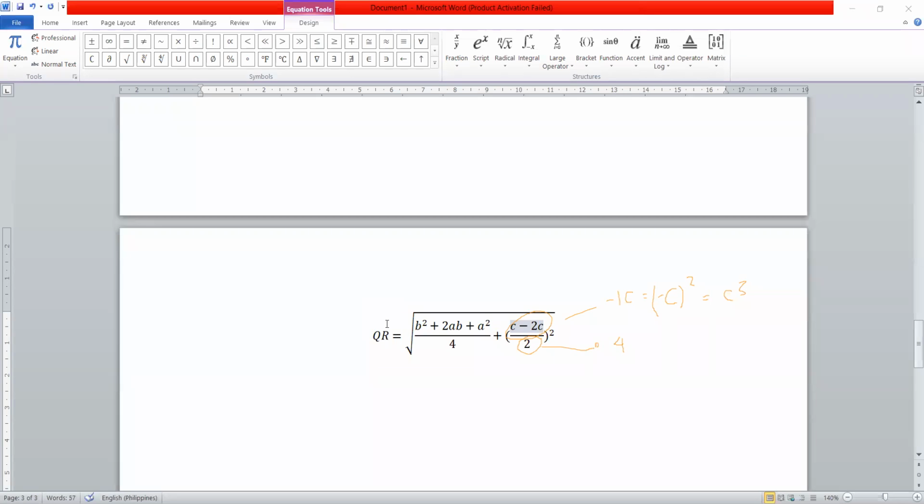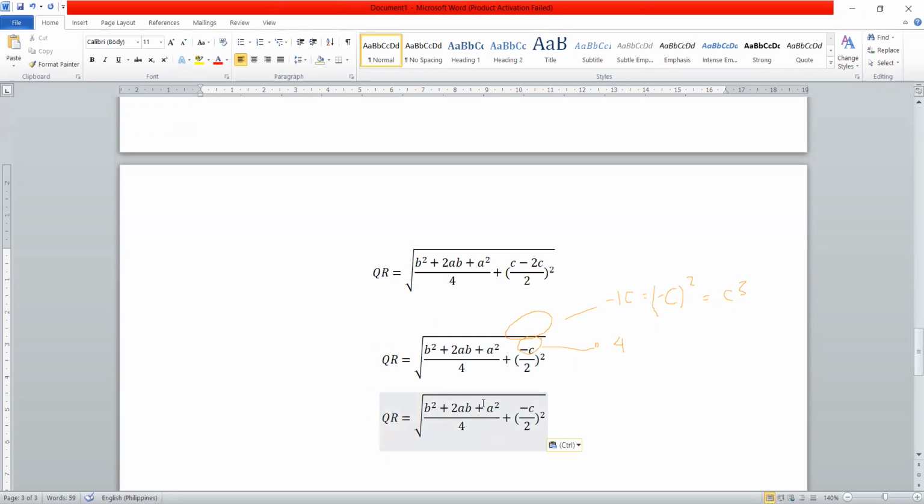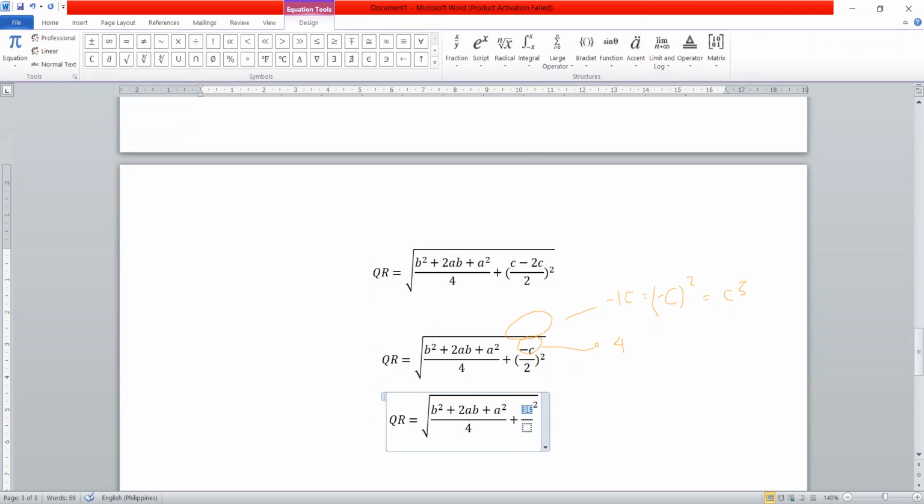So that will become negative c over 2, and then we'll have there c squared over 4.